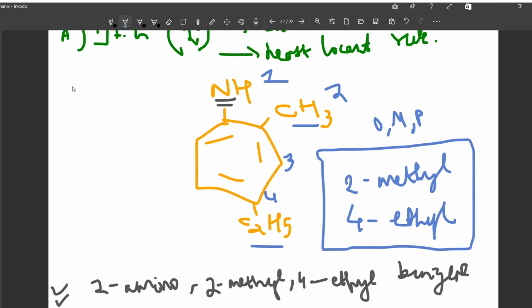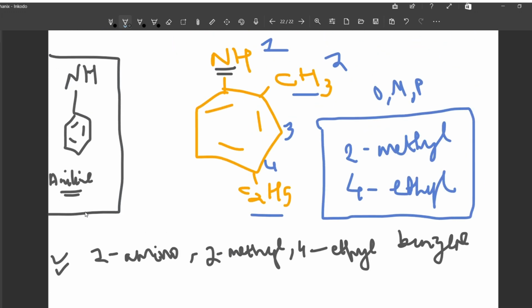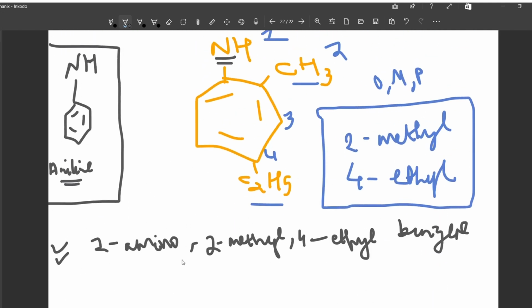Just a side note, a benzene ring with an NH2 is actually named as aniline. So that's aniline, right? So similarly, now instead of putting 1-amino, I can just remove the 1-amino and substitute aniline in place of benzene.